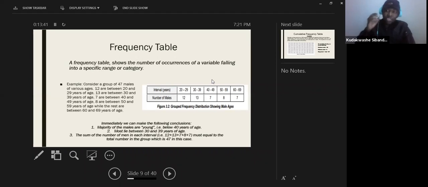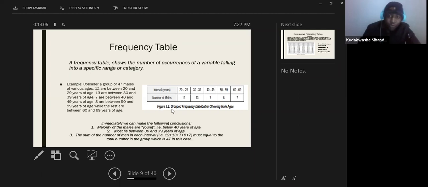In this case, we're interested in people that have ages between 20 to 29. Then we find how many people within our sample, within our target population, whatever our data set, lie within that type of category. So that's how you create what is called a frequency table.